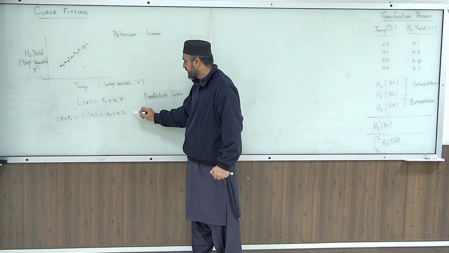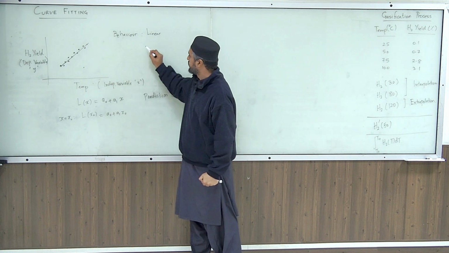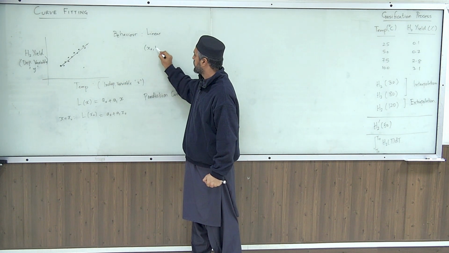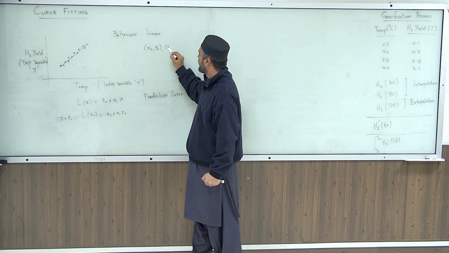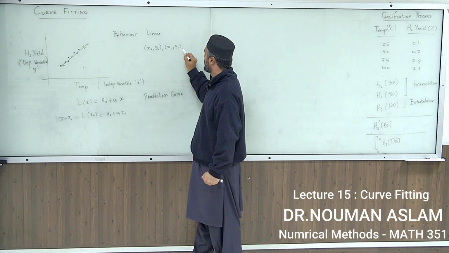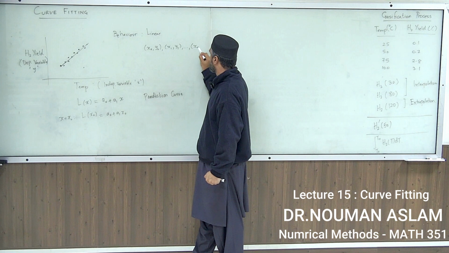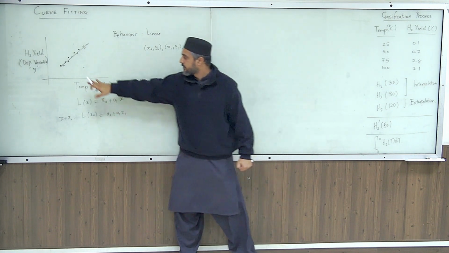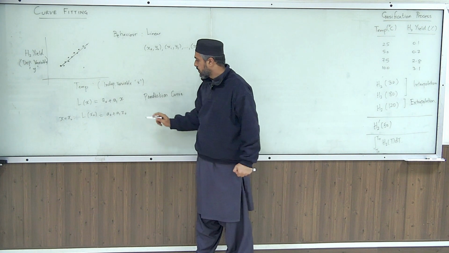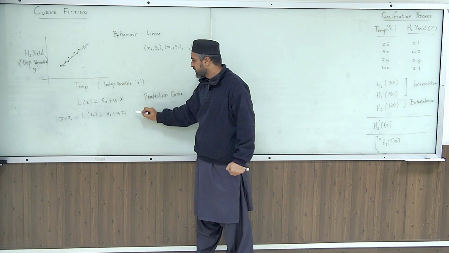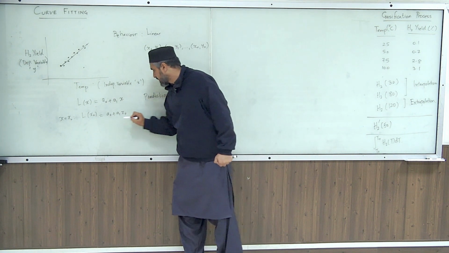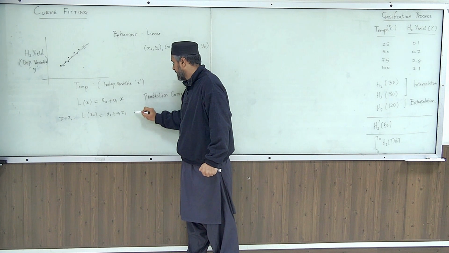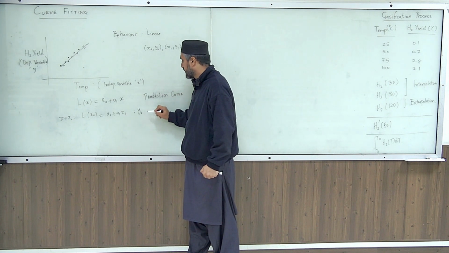For example, the points are x naught, y naught, x1, y1, and so on to some xn and yn. These are the points that I have plotted. So the actual value, y naught, is my actual value.